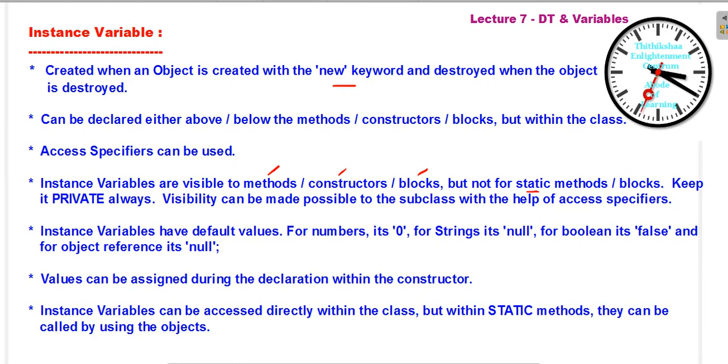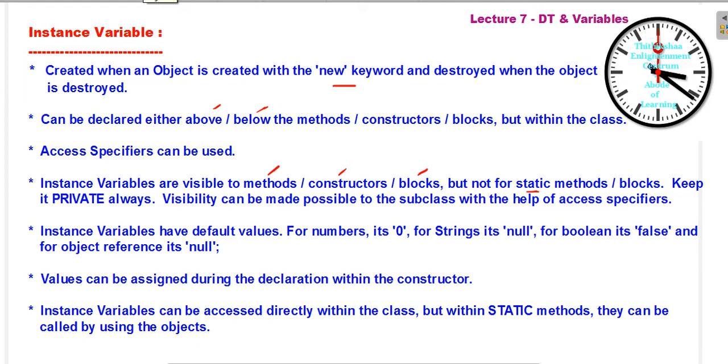See, here I have given that they can be declared either above or below the methods, constructors and the blocks. Instance variables are visible to methods, constructors and the blocks, but not for static methods. If you use a static method, you have to access them only with the help of the objects.